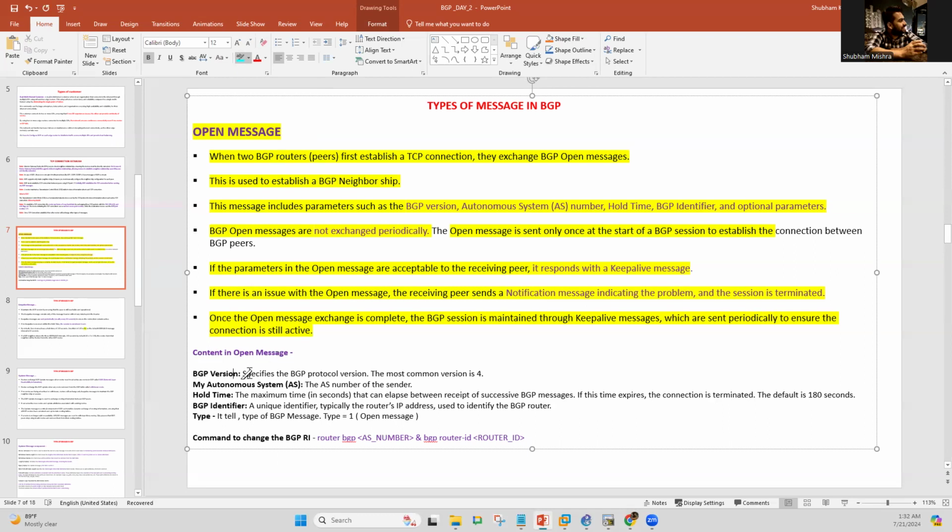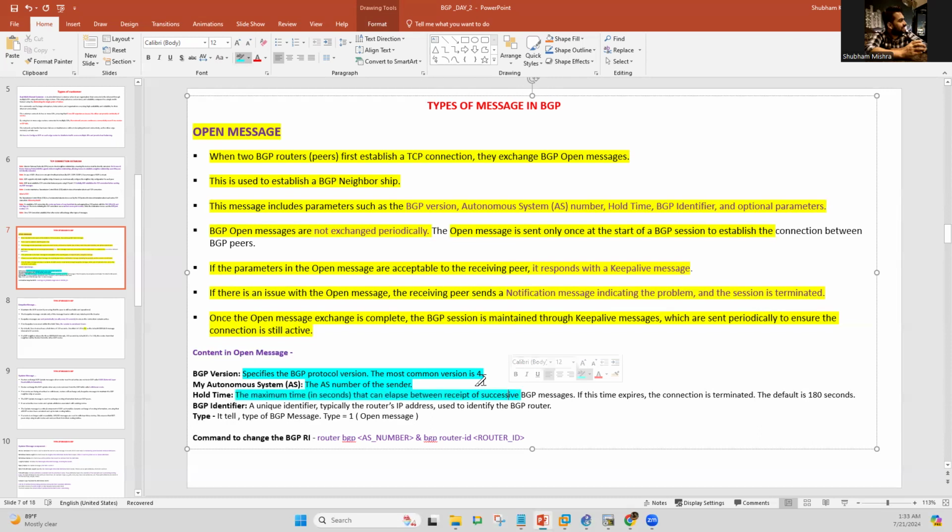Now, guys, the content of the open message we already discussed. See here, BGP version. Generally, you will find the BGP version is 4. Now, AS number. It means my AS number. If R1 is sending the open message, in this case R1 is telling its own AS number. Okay, hold time. Hold time is the maximum time the router will wait for the keepalive message.